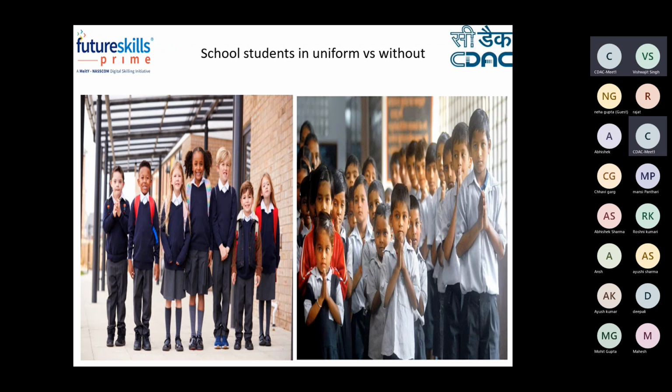In this screen, I have two pictures. Can anyone tell me the basic aim of these pictures? Can anyone conclude or give me a prediction about what these two pictures represent?